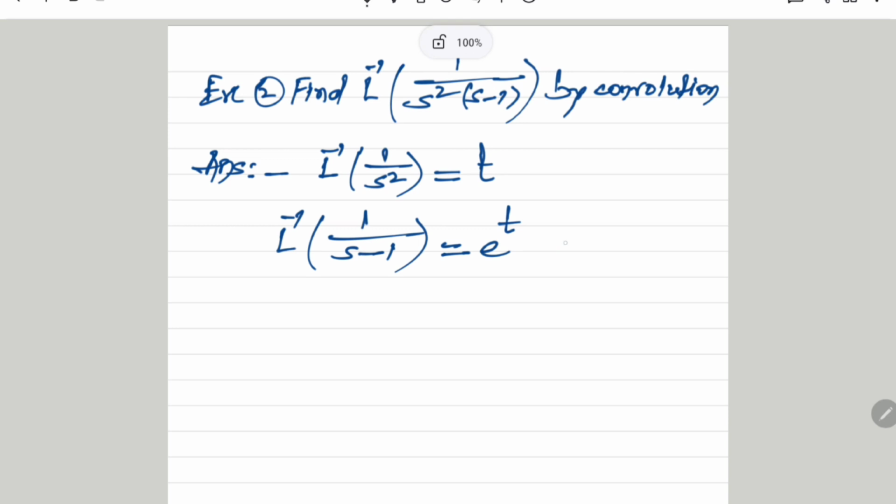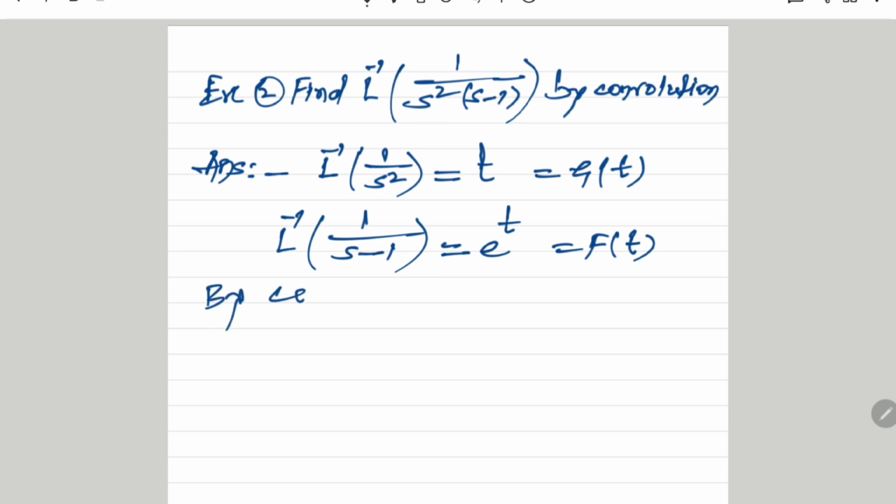Therefore, we call e raised to t as f of t and the second one as g of t. Or we can interchange the values, the answer remains the same. No change in the answer.